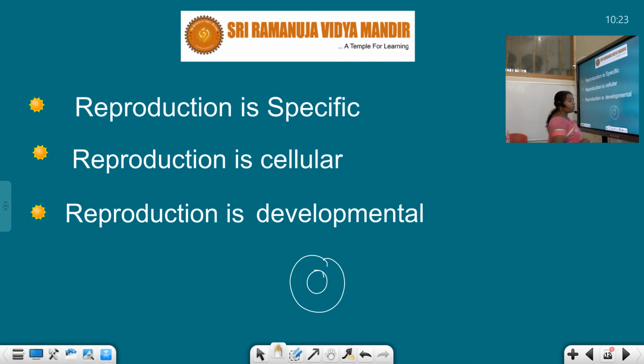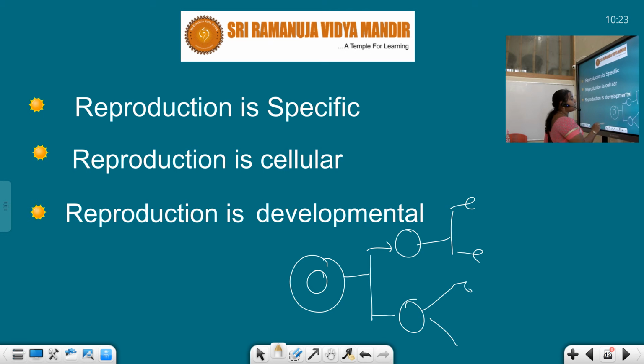The nucleus is in its body, and the cell divides into two daughter cells. Again, each cell divides into two more daughter cells in this way. Each and every living creature starts with a single cell, whether it is an elephant or a microorganism. That single cell is nothing but the zygote, students.